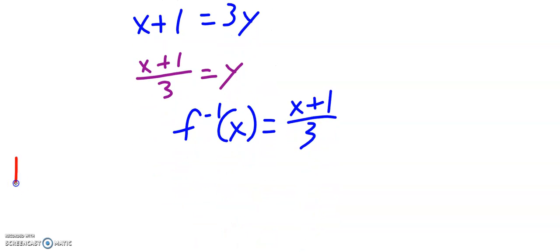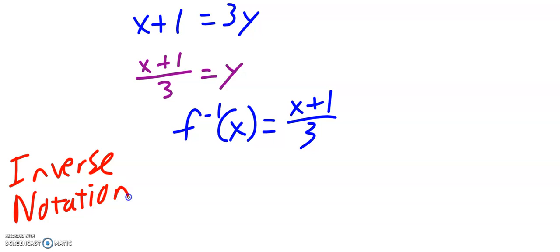So this right here is inverse notation. That f to the negative 1. Anytime you see that, that is not saying that this is a function raised to the negative first power. That is saying inverse. It's really crucial that you understand that because otherwise it's very confusing.